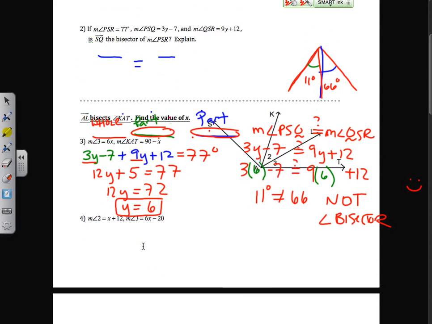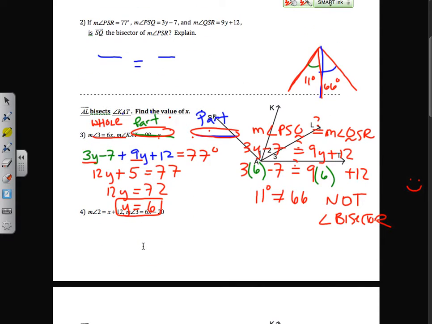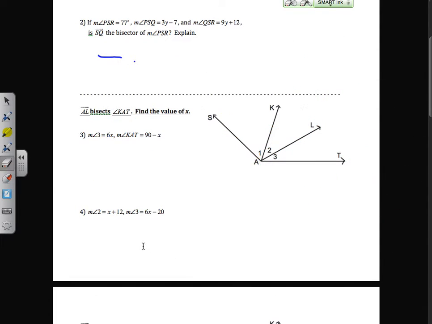Okay, let's move on to 3 and 4. All right, so if you didn't get that, feel free to pause, go back, do whatever. Okay, so the measure of angle 3 is 6x. And the measure of KAT is 90 minus x.